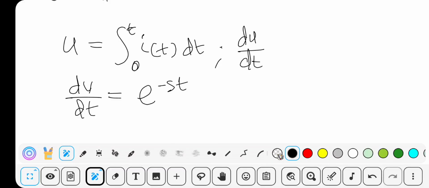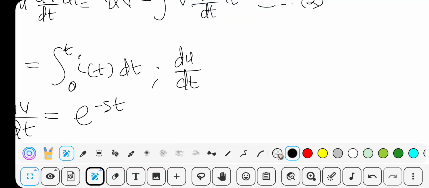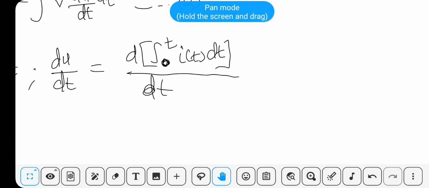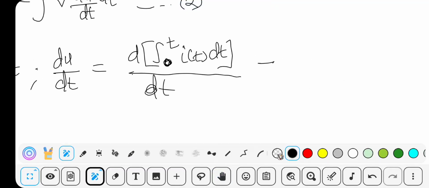This is equal to d of this integral of i(t) dt, all over dt. So differentiating this, we are going to have just i(t).